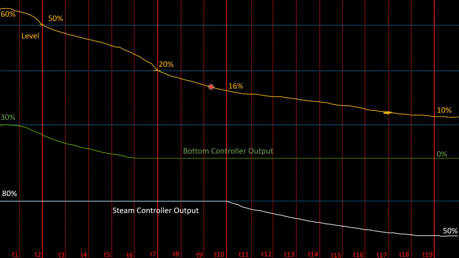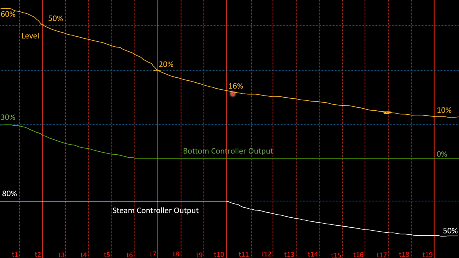And then once we get down to 16%, it should be 80% on the steam valve. Once it goes below 16%, the override controller is saying the controller output needs to be below 80, below 80, below 80. So if we go to the steam control output, once we get to sampling period 10, where the level goes below 16%, both the base temperature controller and the override controller are telling the low select block, we both have 80%.